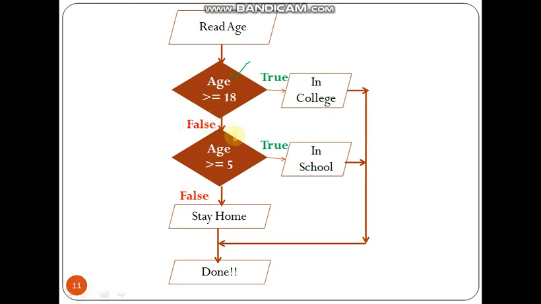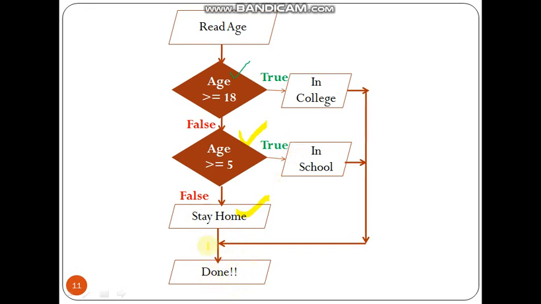Otherwise it comes and again checks whether age is greater than or equal to 5. If that is true, it will execute this print statement, that is "in school". And if that is also not true, it comes to the else part. It will display "stay home", and then in all cases "done" will also be displayed.